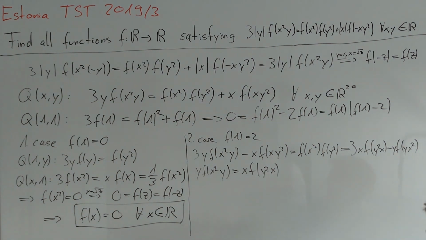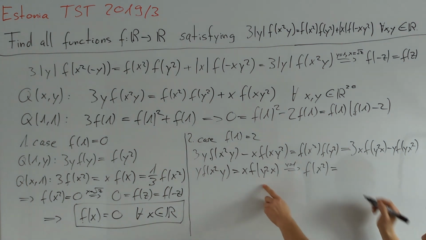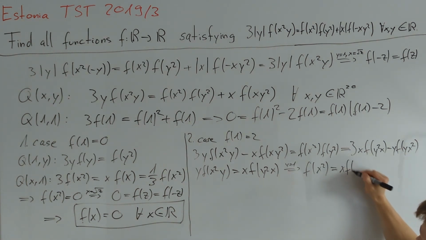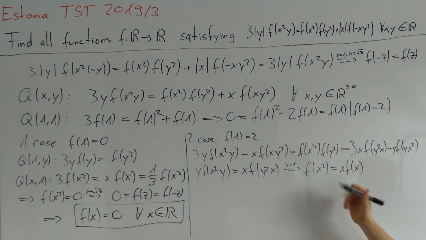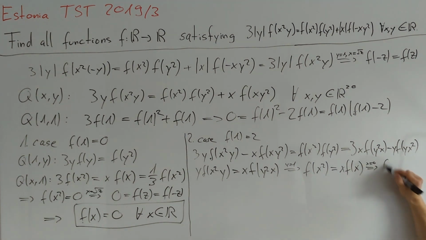At this point, we can now plug in y equals 1 to get that f of x squared is equal to x times f of x. And here we can also directly see that x equals 0 yields f of 0 is equal to 0.